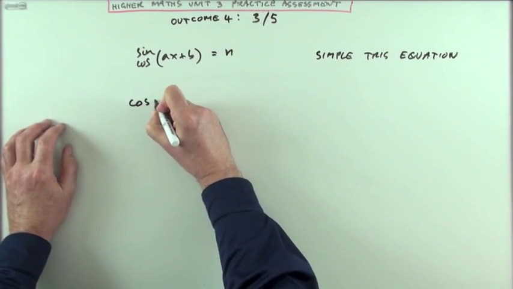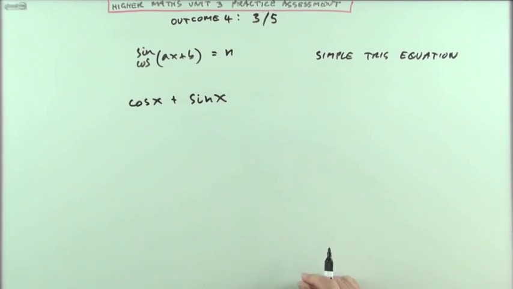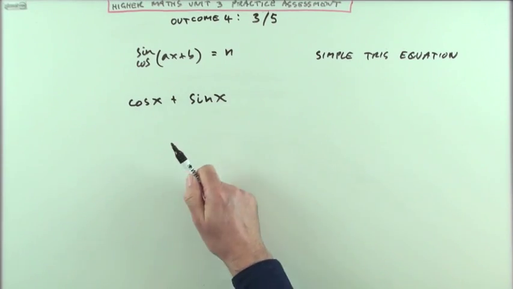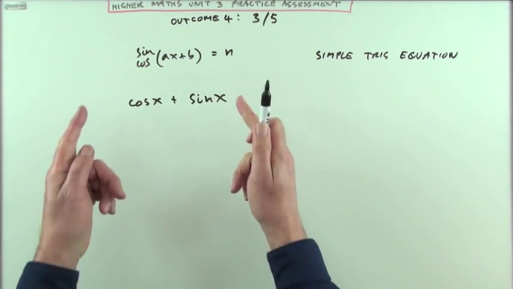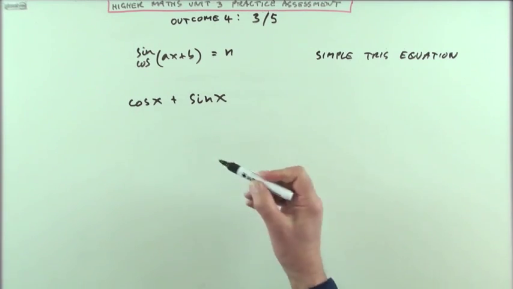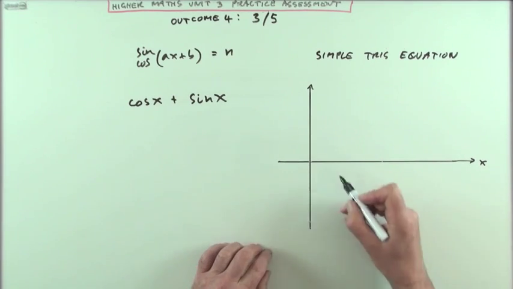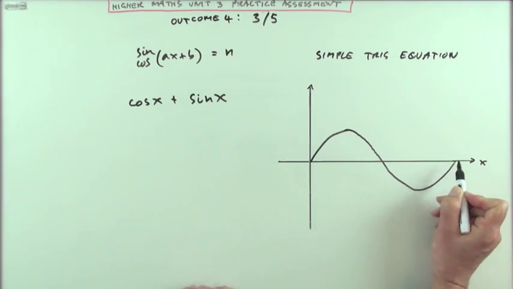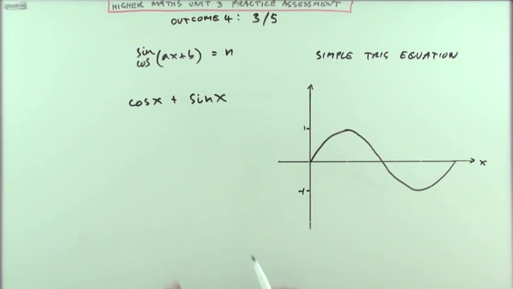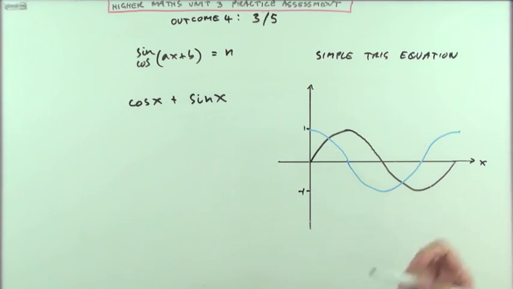I'll illustrate that with a simple one. A simple one would just be, if I've got cos x plus sine x, I'll not bother putting the equation part of it because it's just this part I want to reduce to a single function so I can have a simple trig equation. What would that reduce to? I could show that graphically by drawing these 2 waves and adding them together. Well, sine x would look like this, going up to 1 and down to -1, and cos x would look like this.